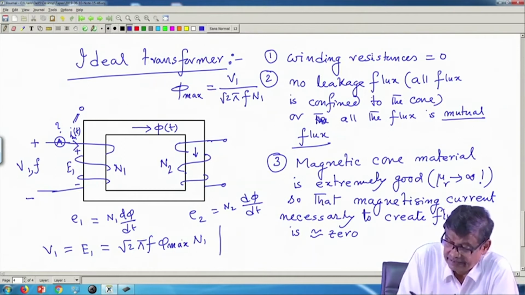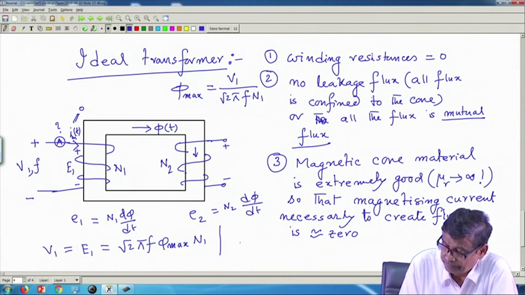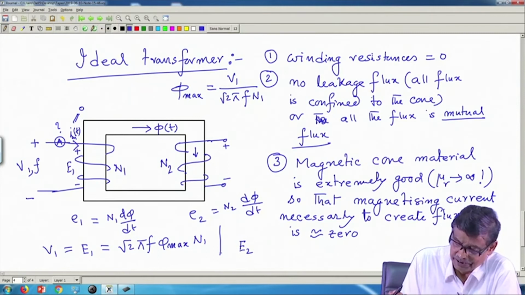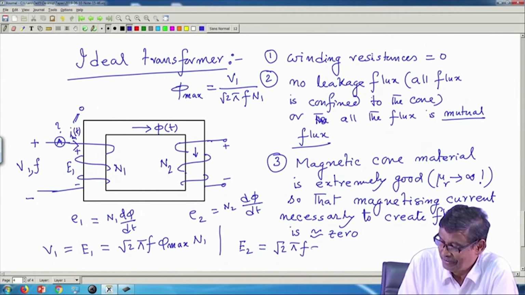Similarly, in the second coil, the induced voltage E2, in which way will it be different? Same flux, only N2 comes in, therefore, it will be equal to root 2 pi f phi max into N2.